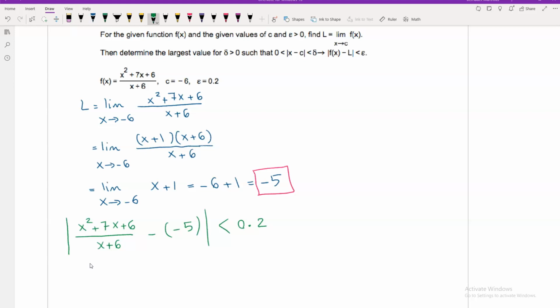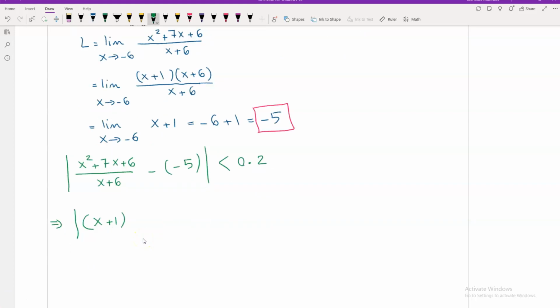So this absolute value is less than epsilon, 0.2. From what we did here on top, we factored and we had x plus 1 after canceling x plus 6 from numerator to denominator. So I'm using this x plus 1 here. And then negative times negative, we have positive 5. This absolute value is less than 0.2.